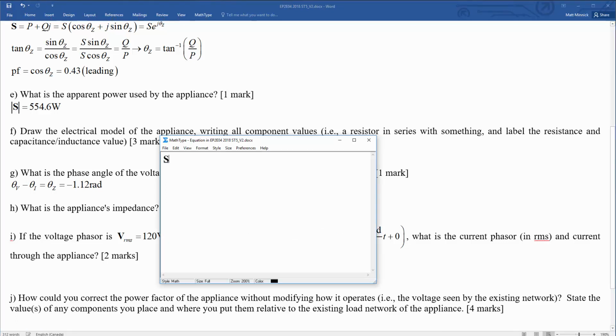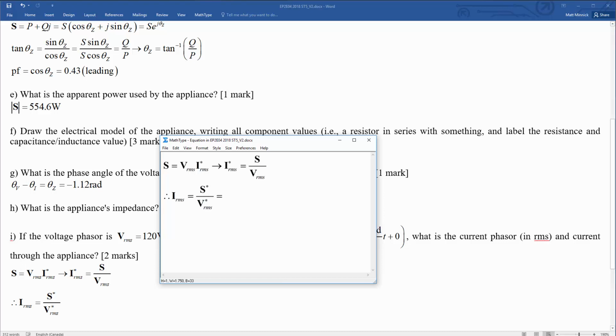So we've got S is equal to V RMS times I RMS star, which means that I RMS complex conjugate is S over V RMS. Then you can take the complex conjugate of both sides and say that I RMS is S star over V RMS star.